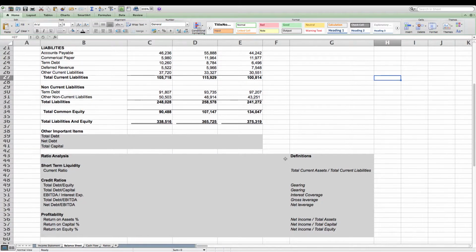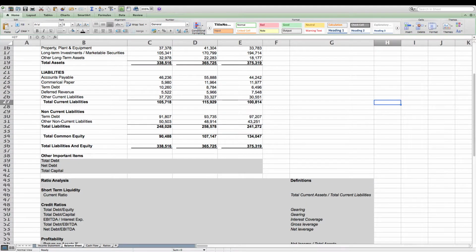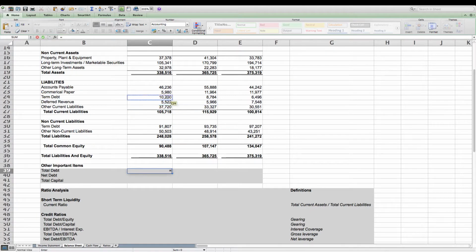But with that being said, let's look at some of the items that I've listed here, which are super important, but are not made completely explicit on the balance sheet. So let's start off with total debt. So the amount of total debt on Apple's balance sheet is going to be the sum of the total current term debt, the total current commercial paper, and the total non-current term debt.